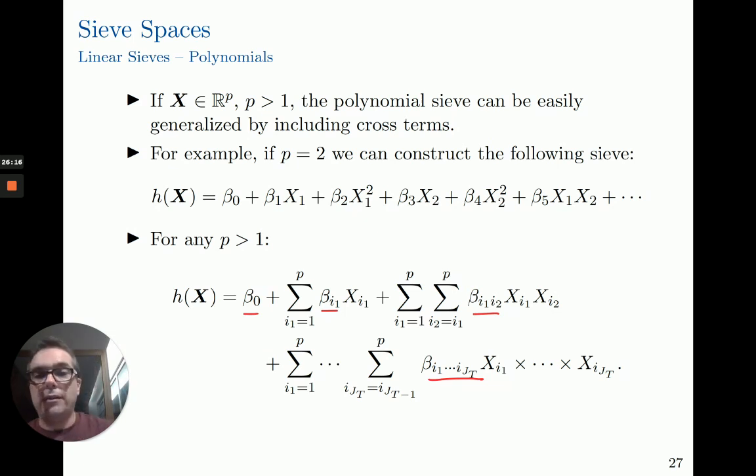However, note that even if p is less than t, the number of parameters to be estimated could be quite large, right? Because this involves all possible cross products. So even though p may be small, after you take into account all interactions, you may use some kind of regularization to estimate this model.